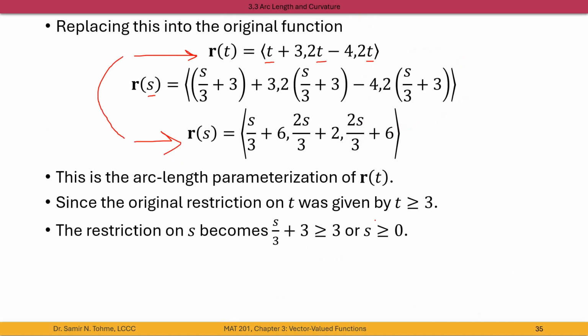So let's replace t with s divided by 3 plus 3, greater than or equal to 3. The 3s will cancel out and you get a 0 on the right side. Cross multiply and s will be greater than or equal to 0 for this vector function in terms of s.